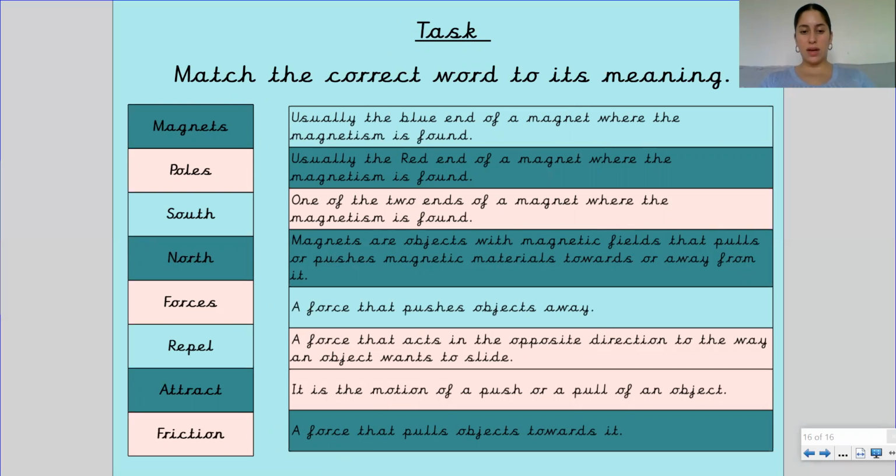So these are your key vocabulary. These are the definitions. You're now going to get on with your tasks. So write down the key vocabulary and draw a picture next to it to represent it. And then as your second task, you're going to write the key vocabulary with the correct definition. So you need to read through these and see, for example, which one matches the definition for magnets.